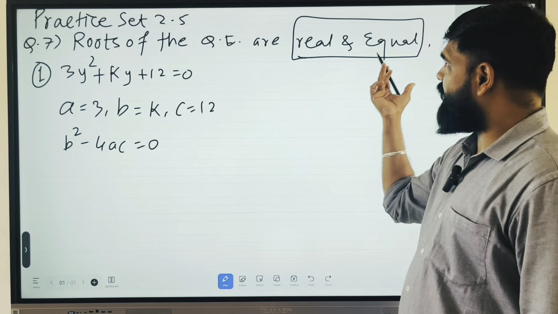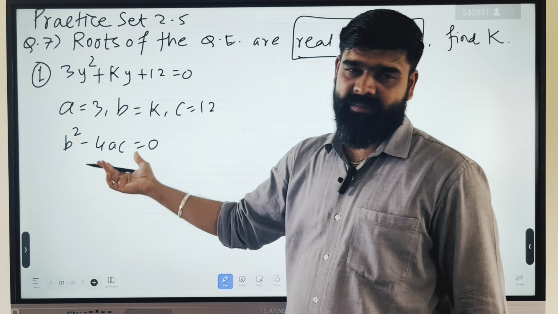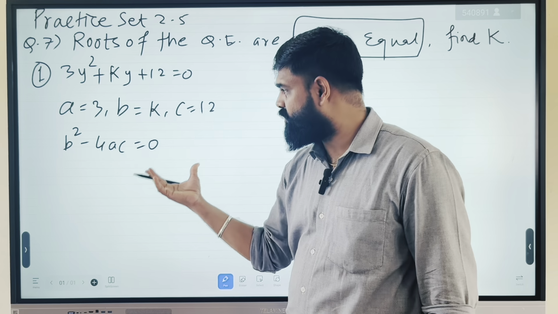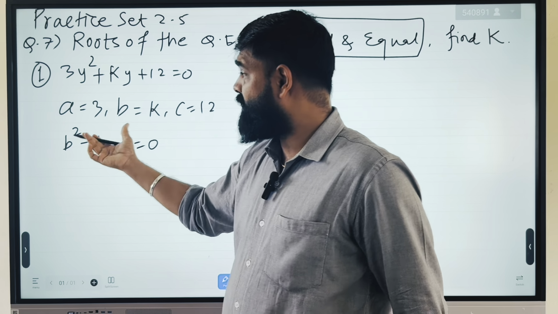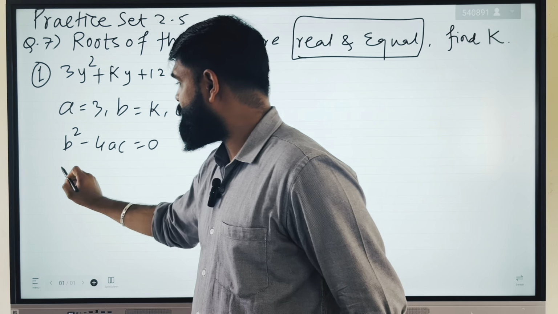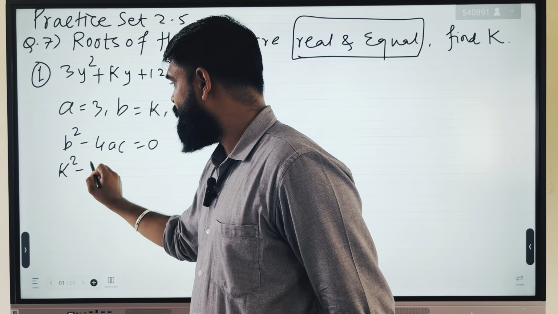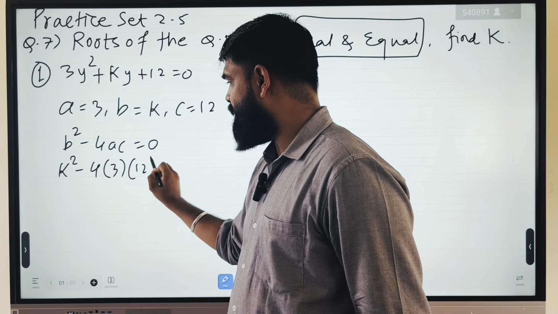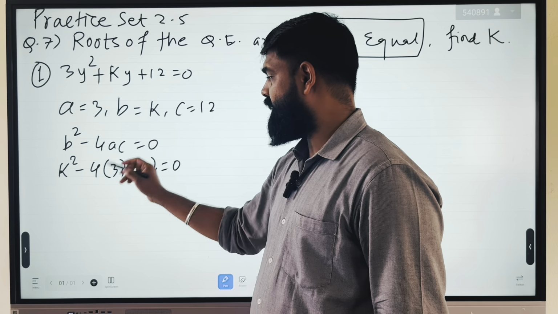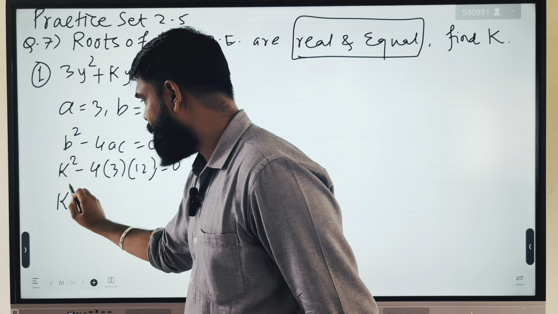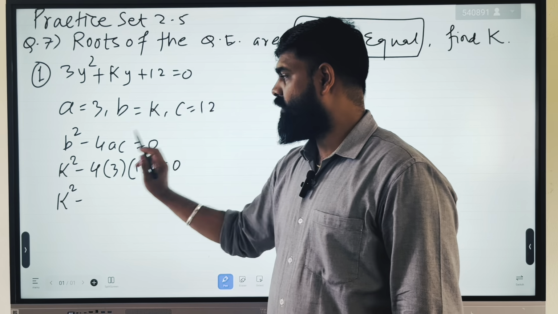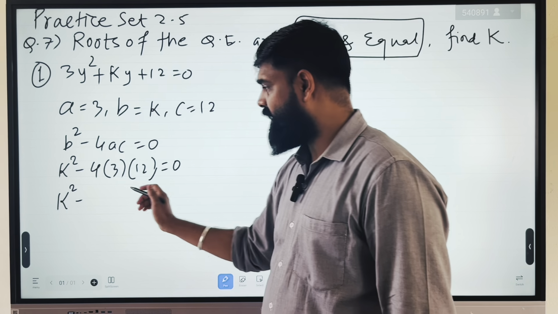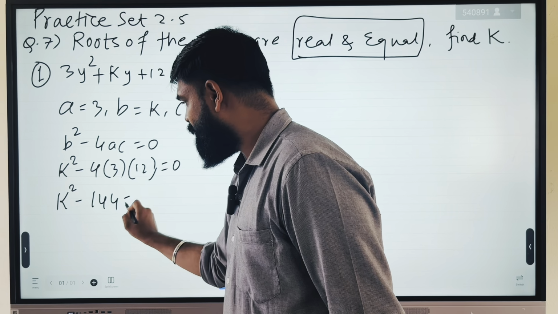It means b square minus 4ac, that is the discriminant, is equal to 0. So let us put in the values. b square means k square, minus 4 into a is 3, c is 12, is equal to 0. Let us simplify this. k square minus 4 into 3 is 12, 12 into 12 is 144, is equal to 0.